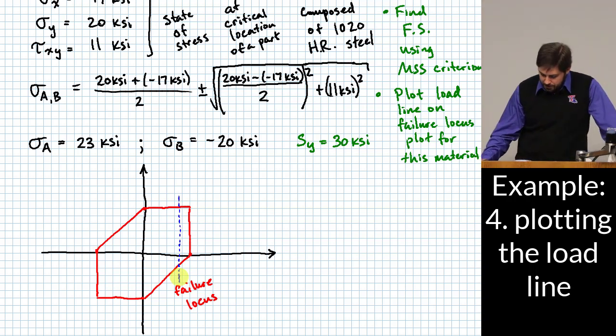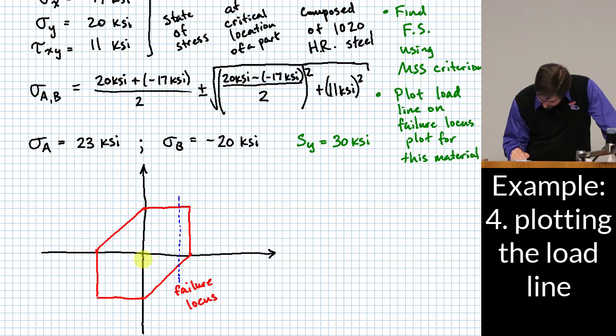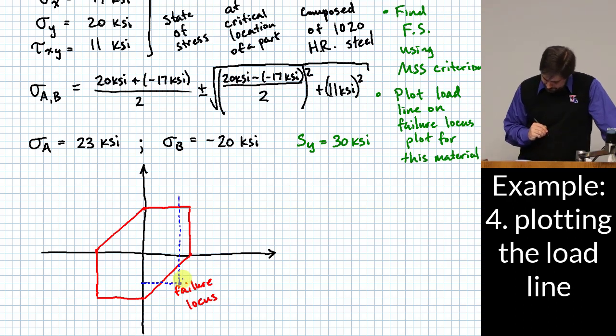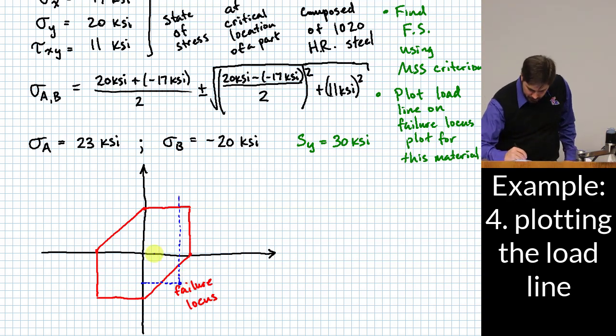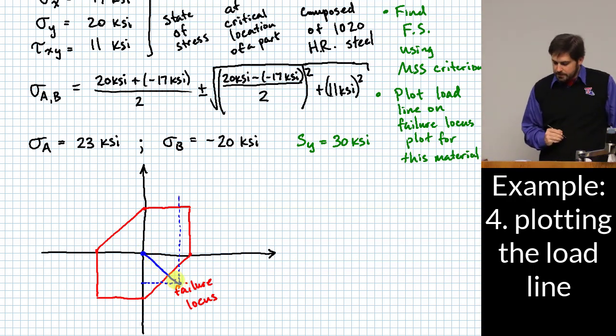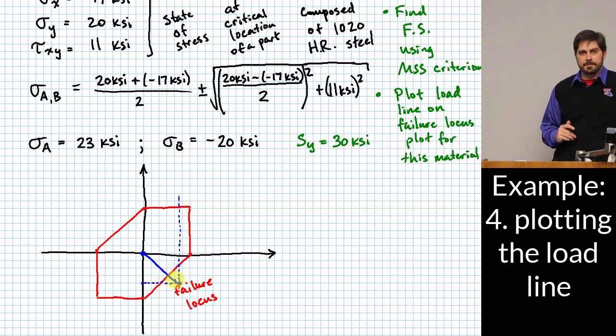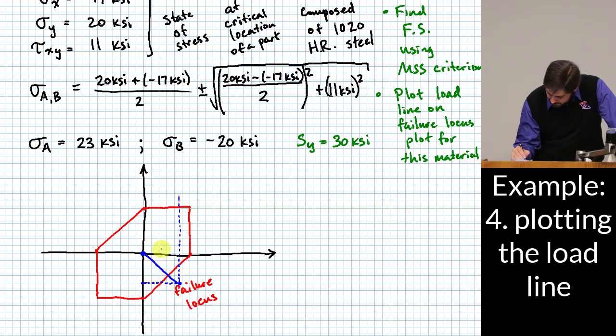And then what about our other direction? 20, so we have 5, 10, 15, 20. To plot the load line, a load line is plotted basically by drawing a line from the origin to this set of coordinates for this load. All right, so this blue line right here, this is the load line.